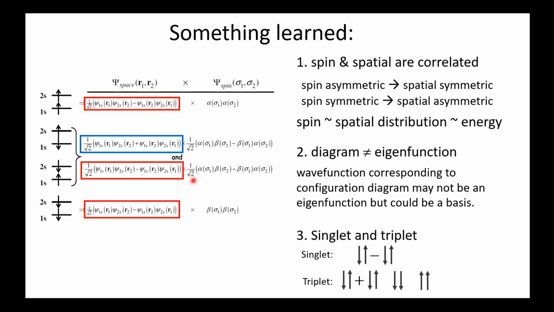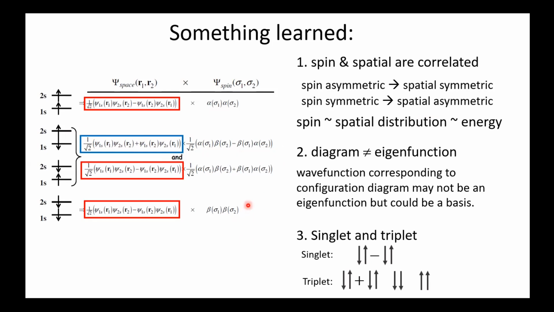So if this part is symmetric, then the spatial part has to be asymmetric. This is what I mean by a correlation between the spin part and the spatial part. If you have an asymmetric spin, then you must have a symmetric spatial function. And vice versa, if you have the symmetric spin part, you must have an asymmetric spatial part to match, such that the total wave function is always asymmetric, right?